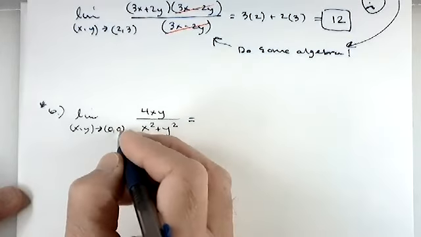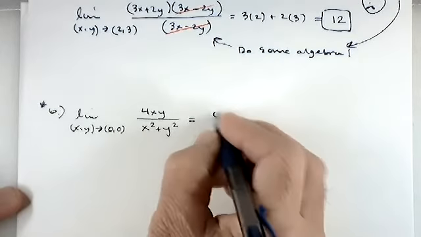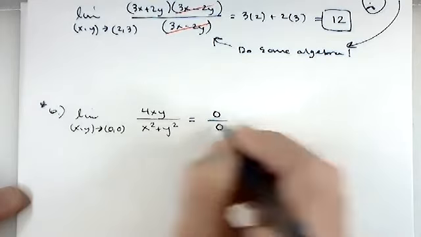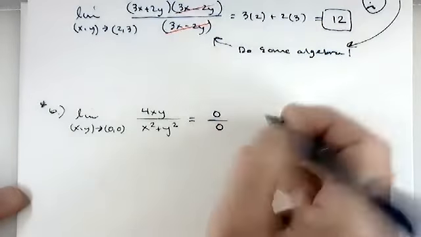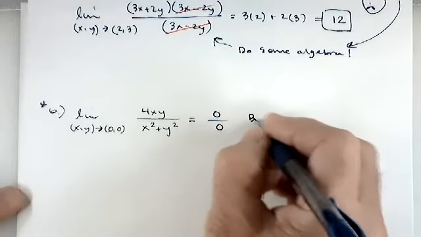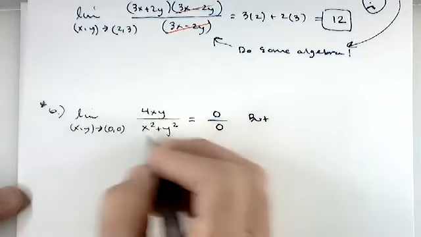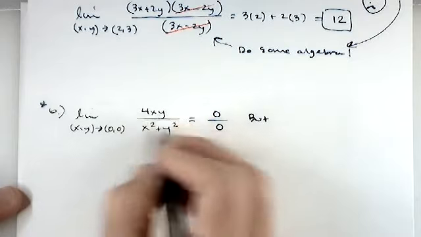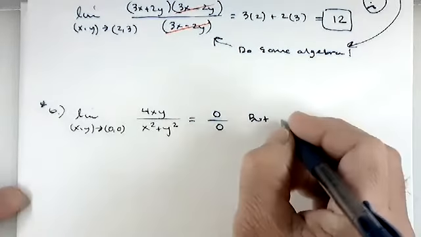If I plug in 0 for x and 0 for y, I'm going to get 0 on the top and 0 on the bottom, which we just saw, right? But what's the problem? I don't see any algebra that's going to simplify that out and cancel anything out.